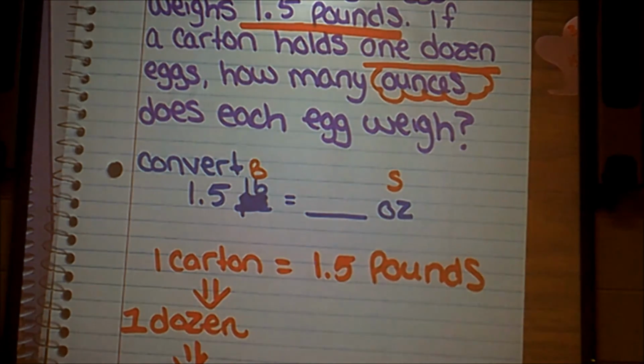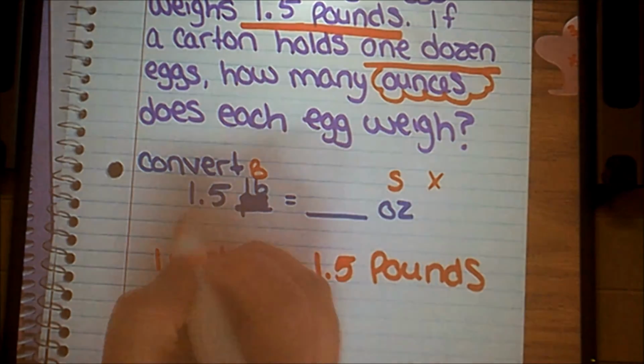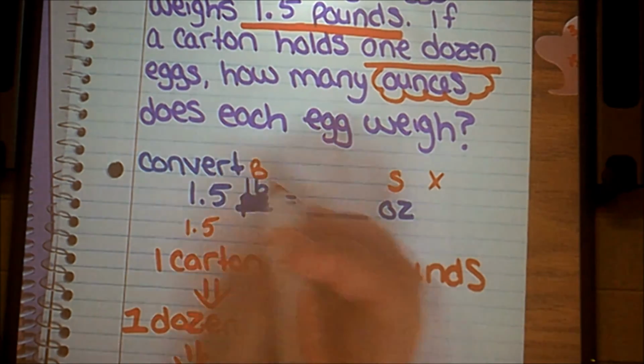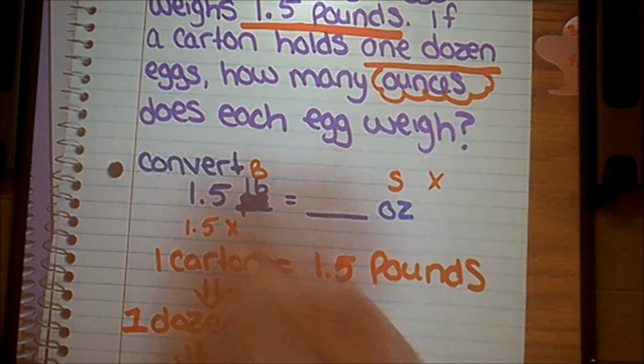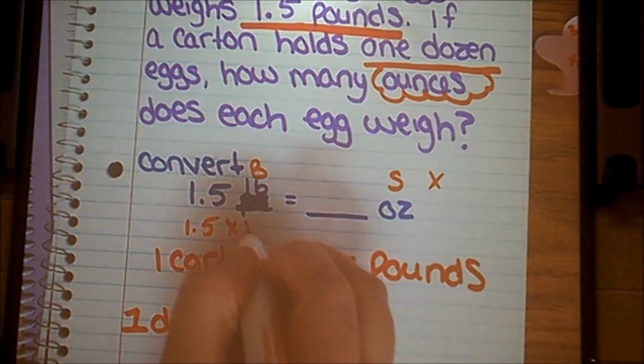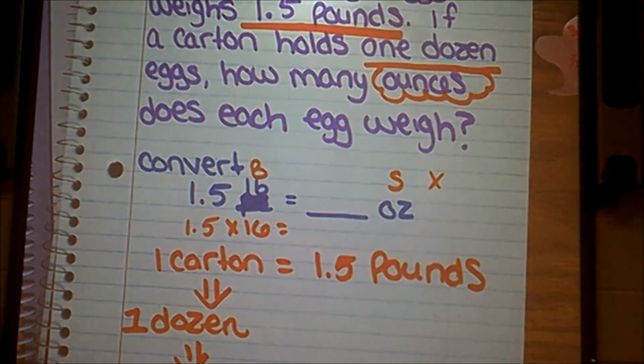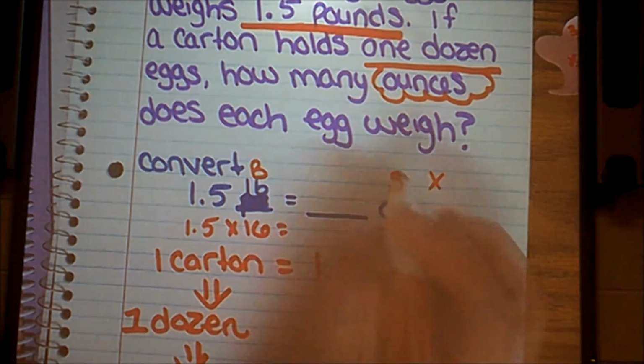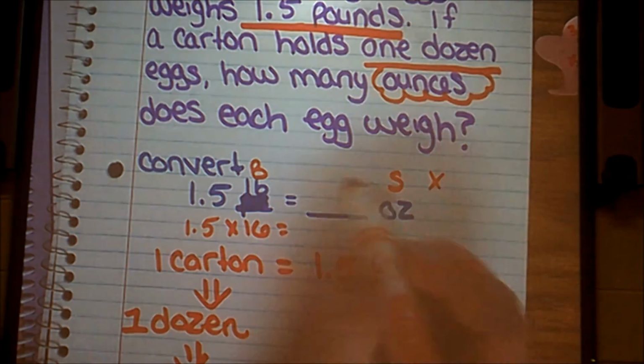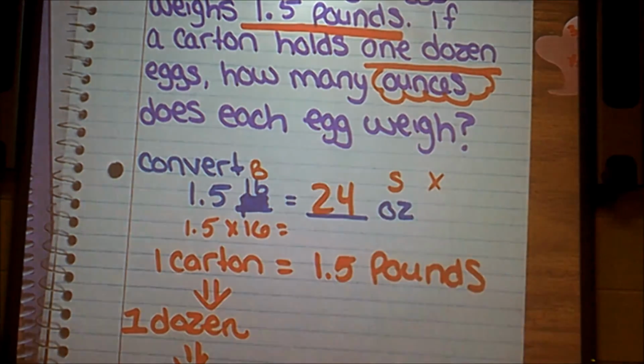Big to small, we multiply. So I'm going to multiply my 1 5/10, and I go back in my notes and I see that each pound has 16 ounces in it. So I'm going to multiply it by 16. So 1 5/10 pounds is equal to 24 ounces.